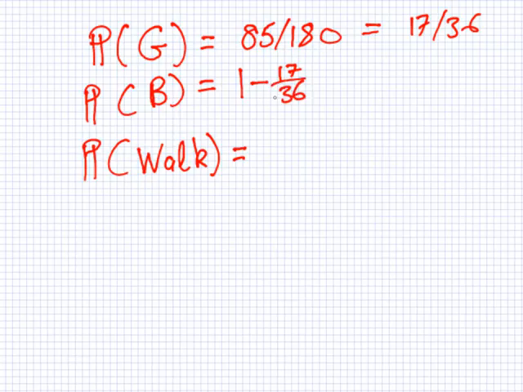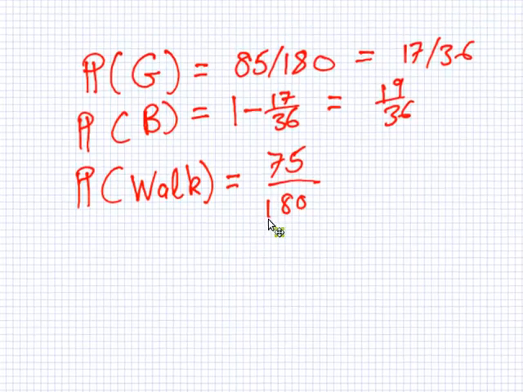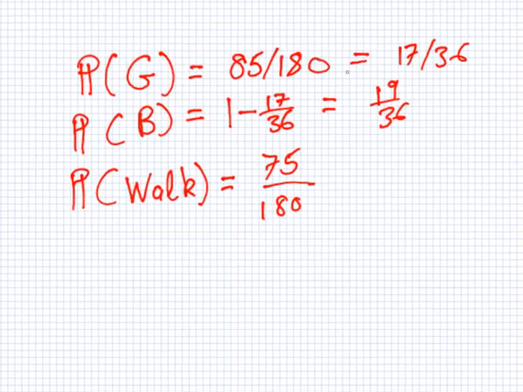So 1 minus 17 over 36, being boy means not girl, so this is 19 over 36, good. How many people walk to school? 75. So you have 75 over 180. Oh, sorry, the projector's up a little high. Nobody said anything. This is 5 over 12.